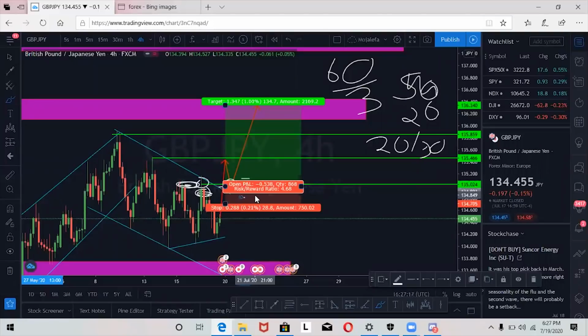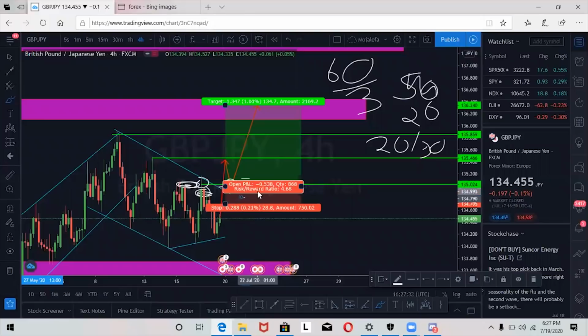So it's more like scaling in properly, because the distance from here to here won't be the distance from here to here. So I'm scaling in with a tight stop loss.